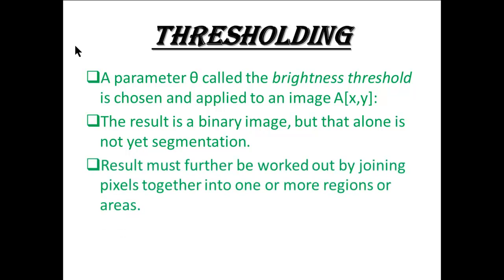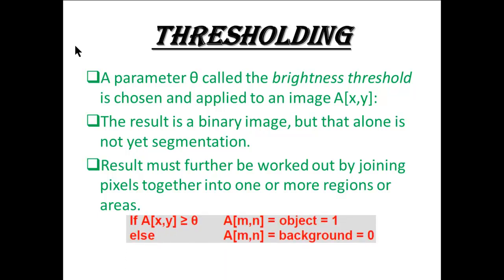Results must further be worked out by joining pixels together into one or more regions or areas. If A(x, y) is greater than or equal to theta, then A(m, n) is object, which will be equal to 1. Else A(m, n) is background, which must be 0.